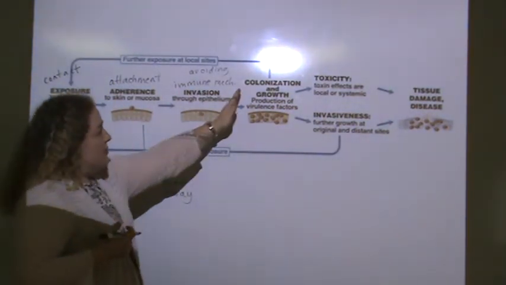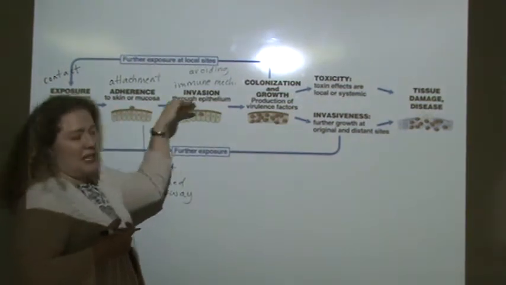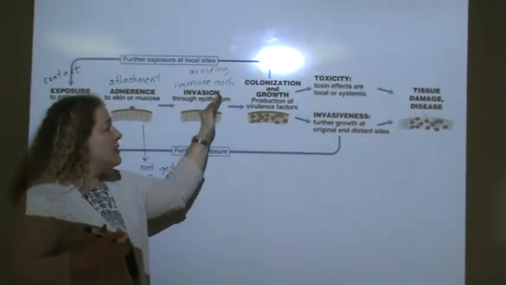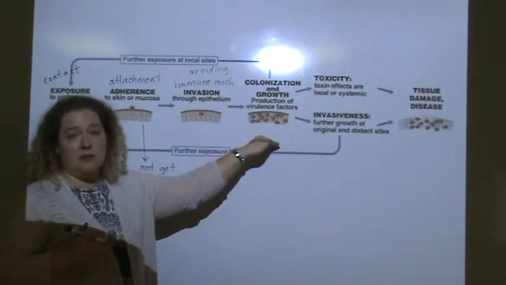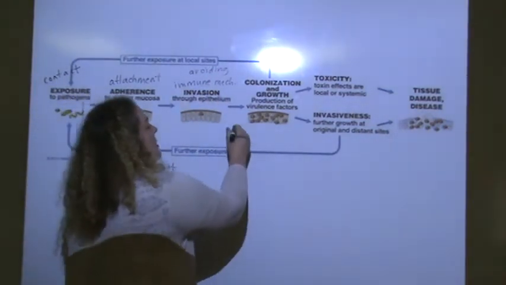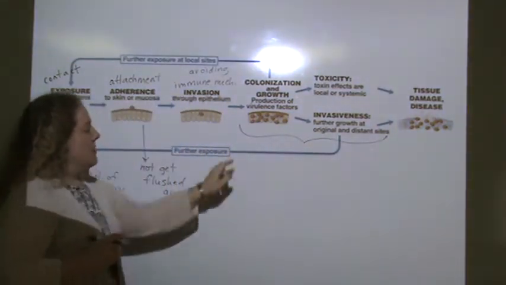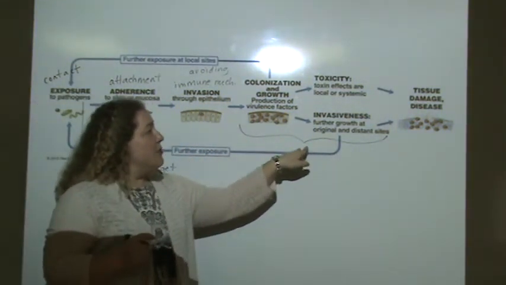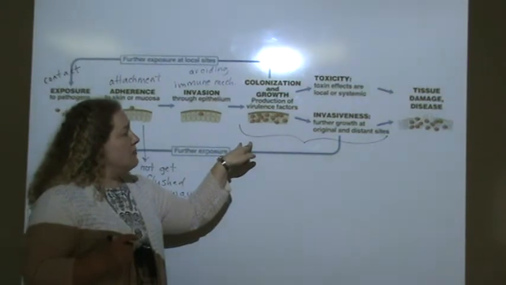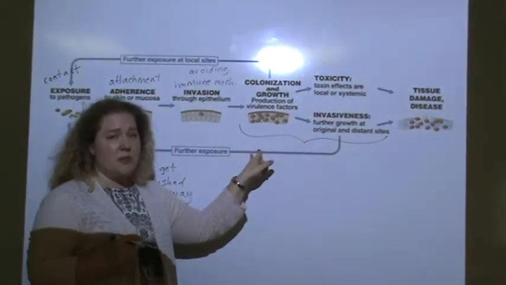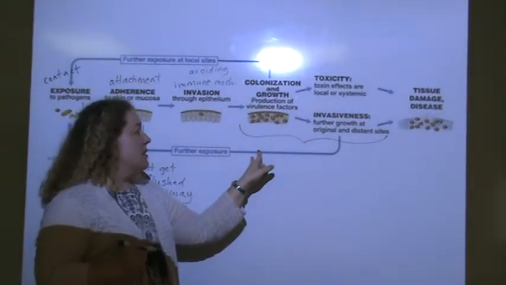Up until this point, we could be talking about a non-harmful colonizer, or we could be talking about something that's actually going to become dangerous. These two steps right here would be accomplished by the microbes that are dangerous, not so much by the ones that are just colonizers.